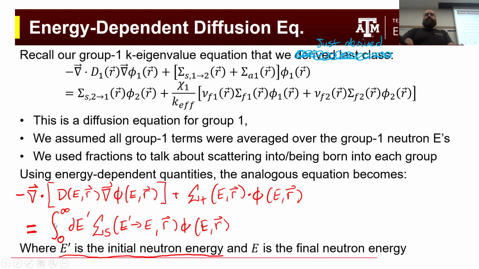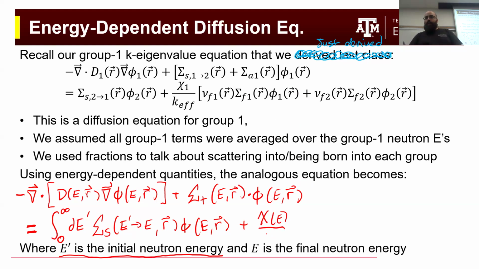In this case, this is my in-scattering rate density, the rate per unit volume per unit time of neutrons that are scattering into the energy group E from all other energies E prime. And then I'm going to have another term which looks like my fission production term, except now I'm going to use chi of E, which is the actual fission spectrum.